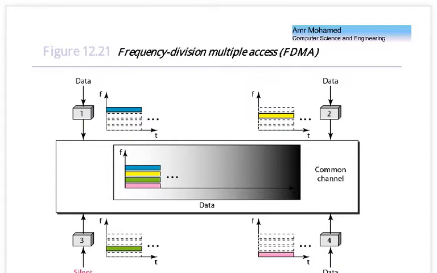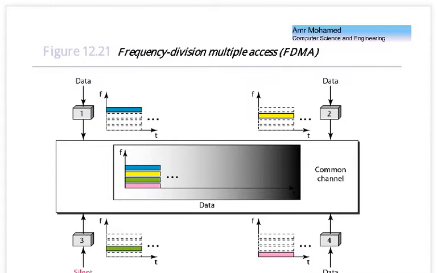However, this node may in fact use one frequency range at a specific time, and it may actually decide to move to another frequency range at different time. Okay? So even though I have a big frequency range for all the users, I have to divide this frequency range into smaller, what we call sub-channels.